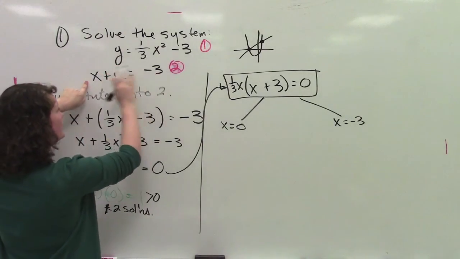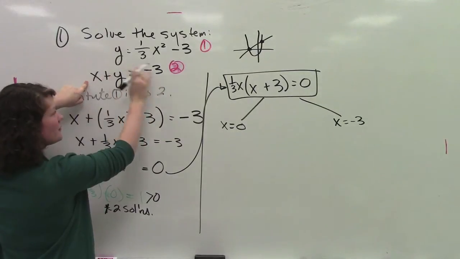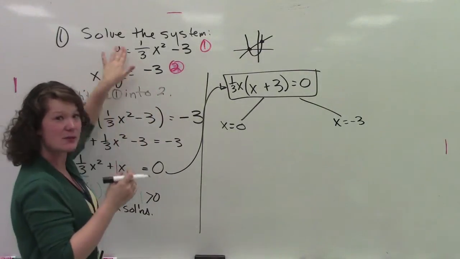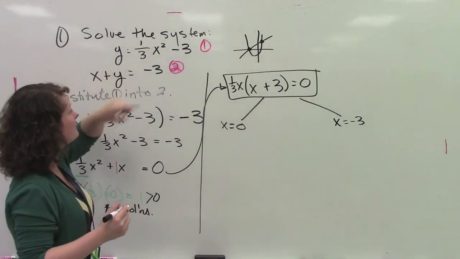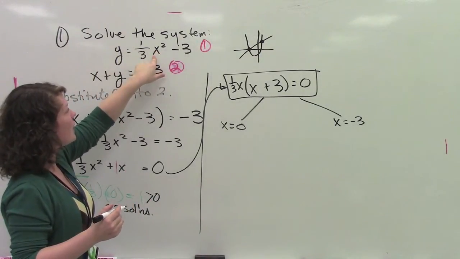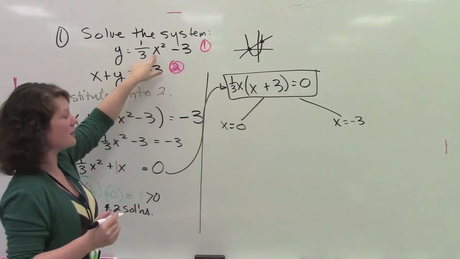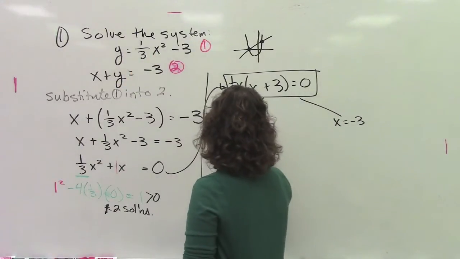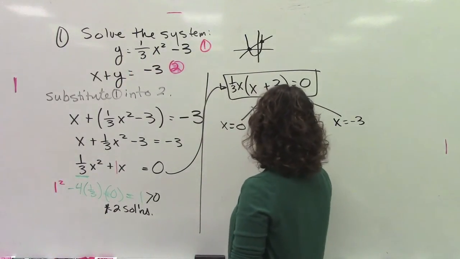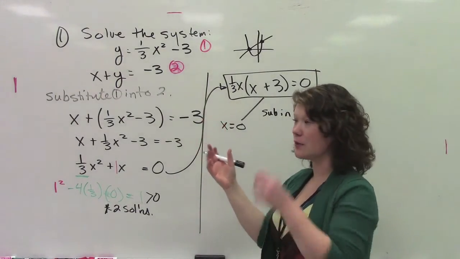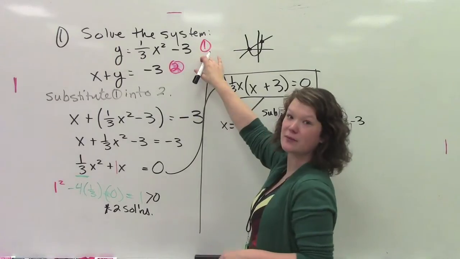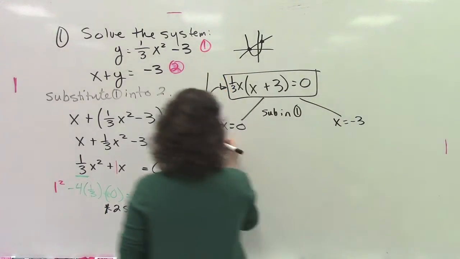We have to subtract x from both sides. But this one, it's just straight up y equals. So I'm just going to substitute my two different x values in here. I'm just going to sub in 1. It doesn't matter which one you use. You can use both of them, but it's smarter use of my time to sub in 1.